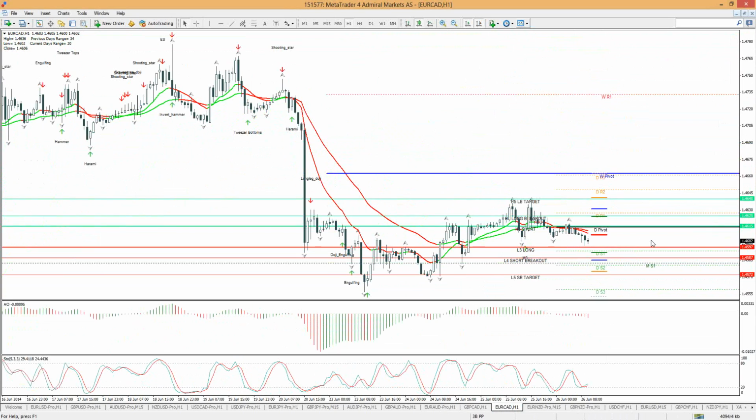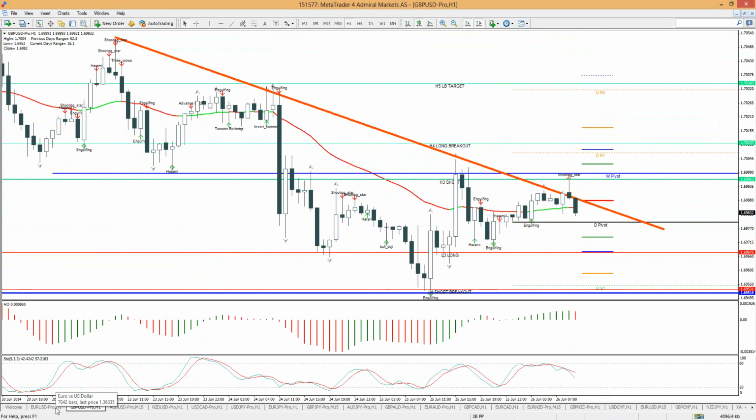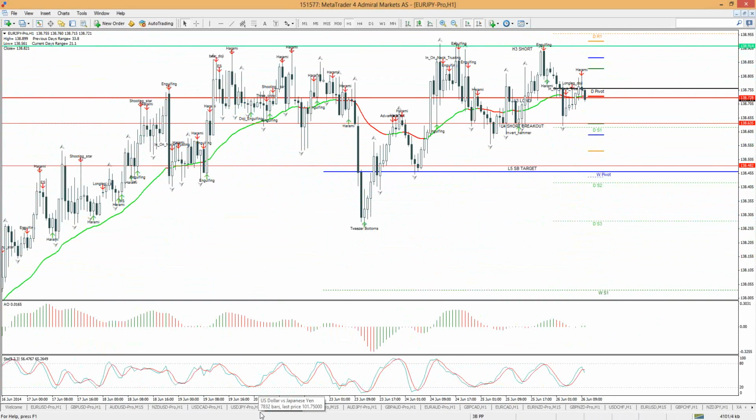For instance, this EURCAD, maybe if it gets up to the weekly pivot point as a rejection, right? This kind of thing. Or as I was saying, there was one, I forgot which one it was.